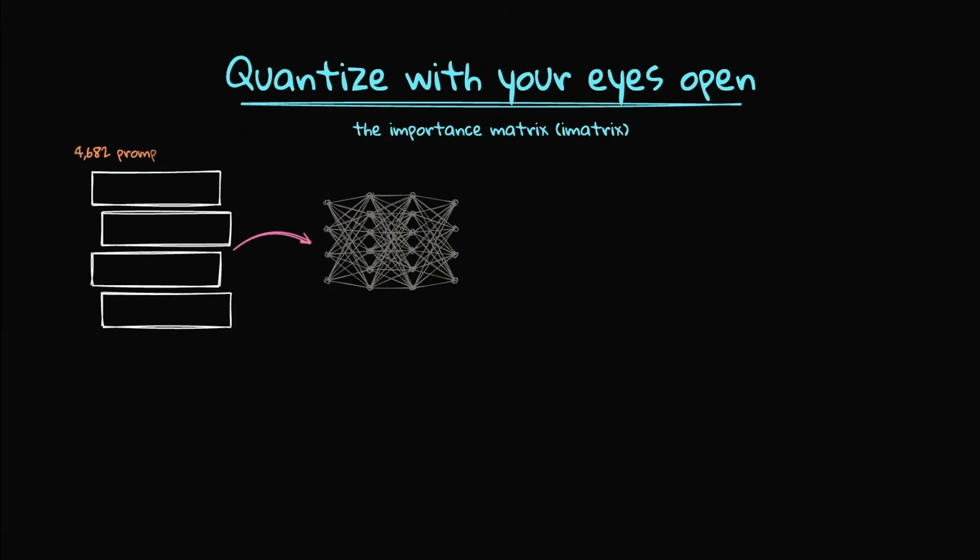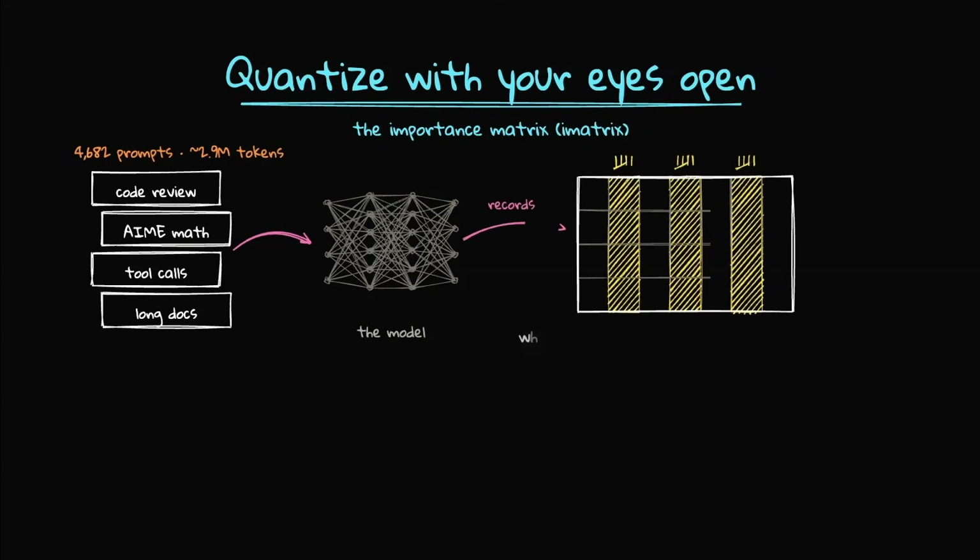Now, there is a second layer to this trick, and it's the difference between guessing and measuring. Before quantizing anything, they run the model over nearly 4,700 real prompts, which is about 3 million tokens. These include code reviews, math problems, agent tool calls, and long documents. While it runs, they record which weight columns actually carry signal, which parts of each expert the model genuinely leans on while doing real work.